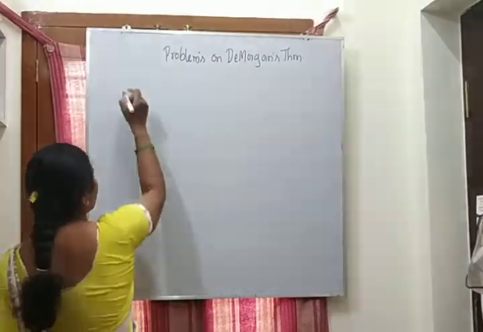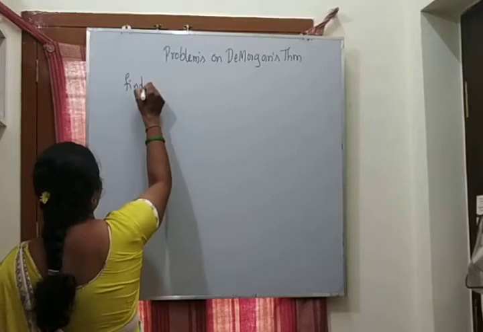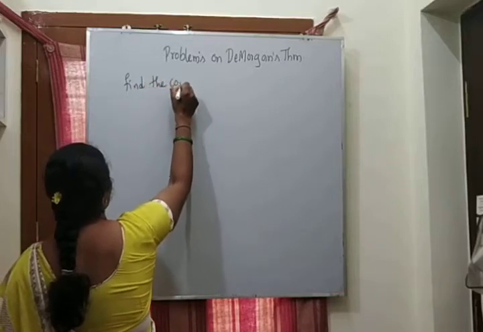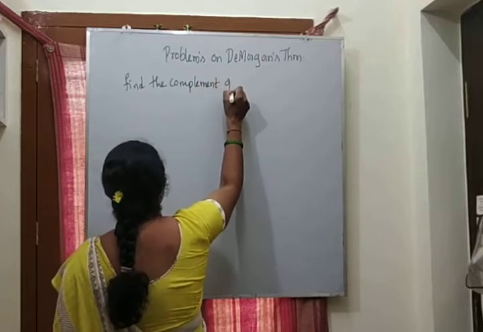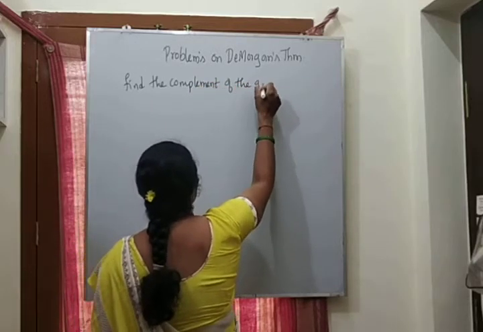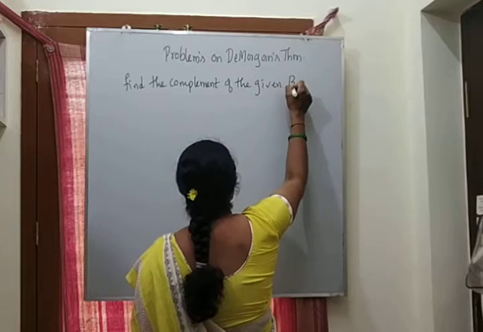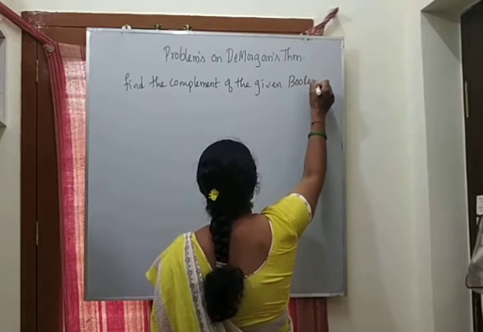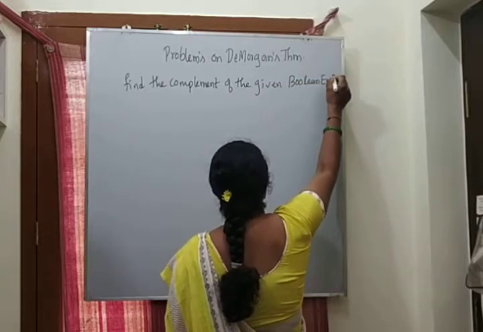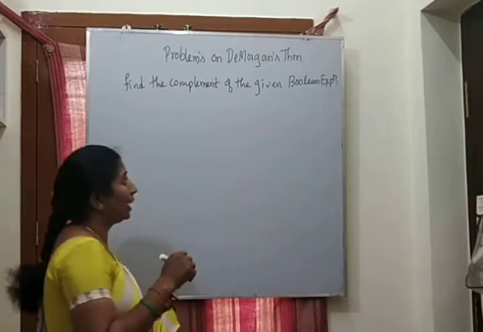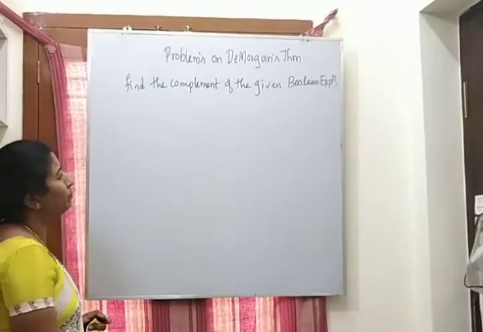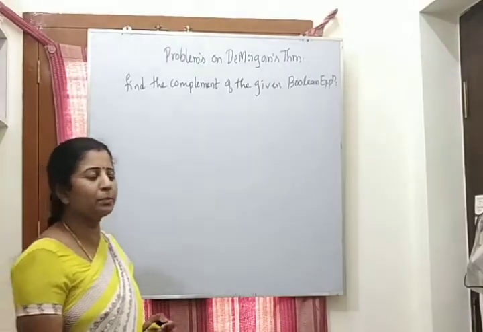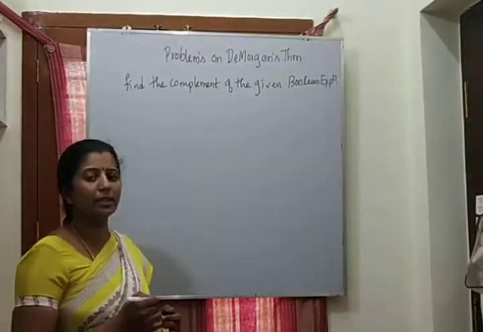One is find the complement of the given Boolean expression. Another one, instead of find the complement, simplify the given Boolean expression using De Morgan's theorem.